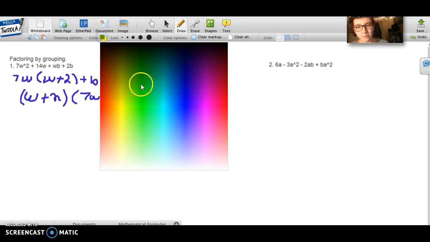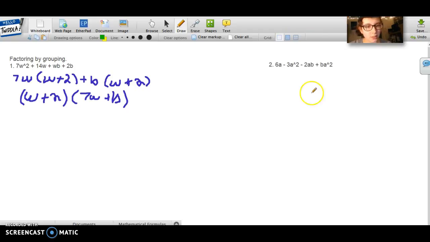Now let's do another one. The next one is 6a minus 3a squared minus 2ab plus ba squared. If we group these first two terms together, we could take a 3a out, because this is a times a, and 3 times 2 is 6. That's the highest amount we could take out, so we're going to do that.